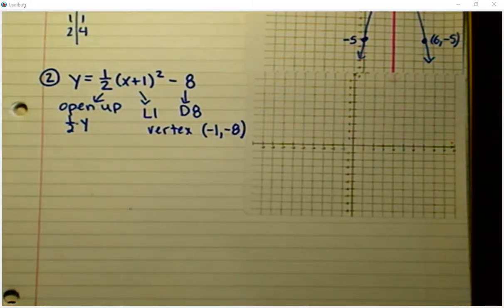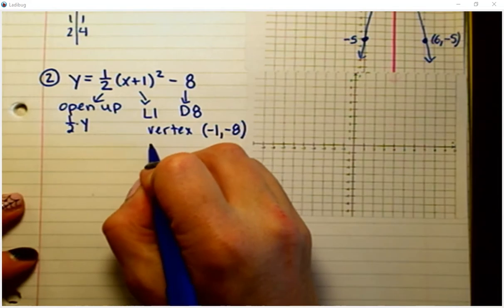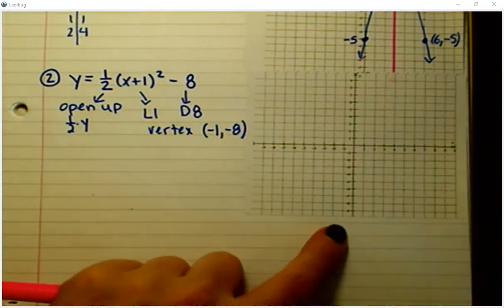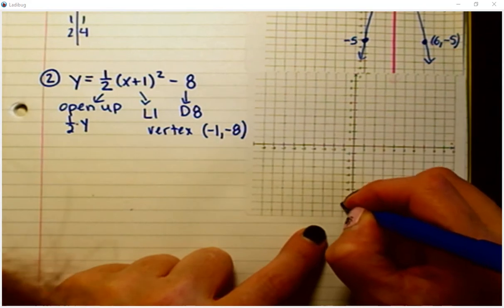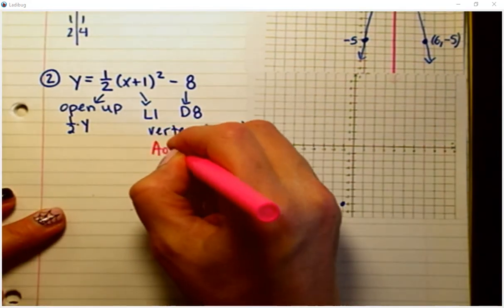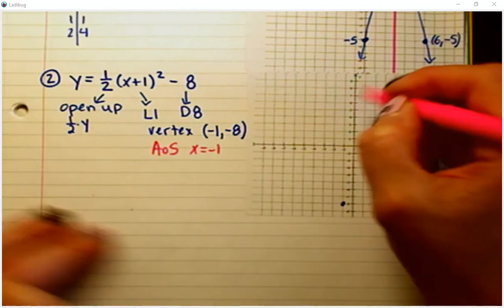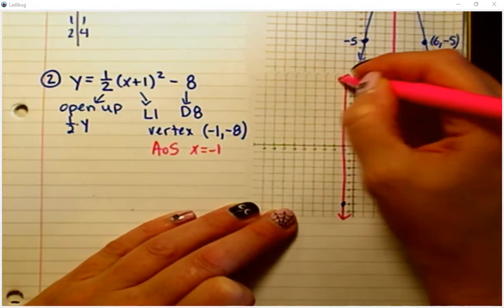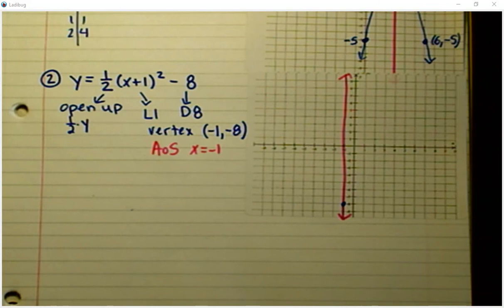So my axis of symmetry, because the symmetry is actually how I get the rest of my graph. Okay. Notice it's an equation.